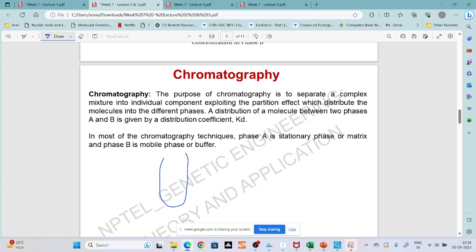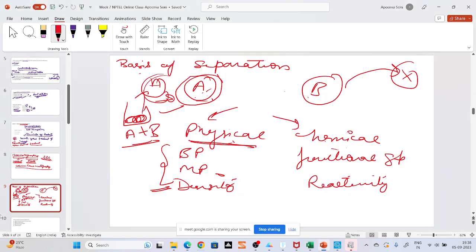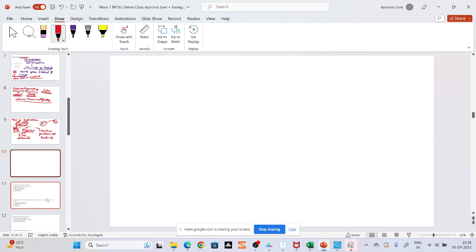And you have two kinds of phases. First is your stationary phase, and second is your mobile phase. What does it mean? I will just show you what column chromatography means.